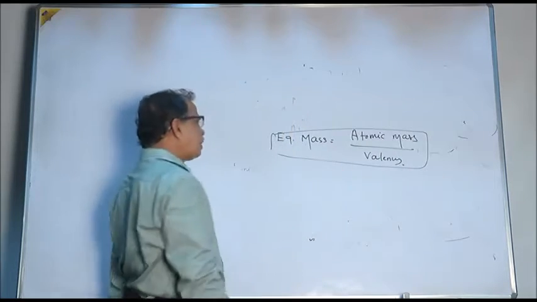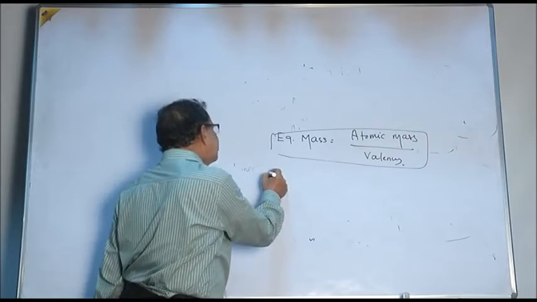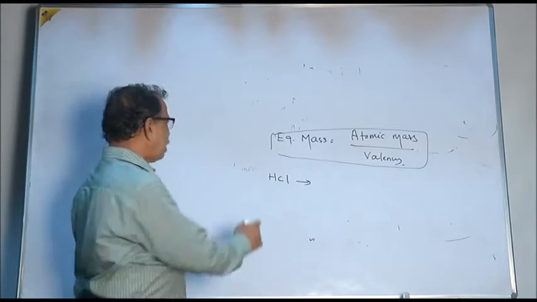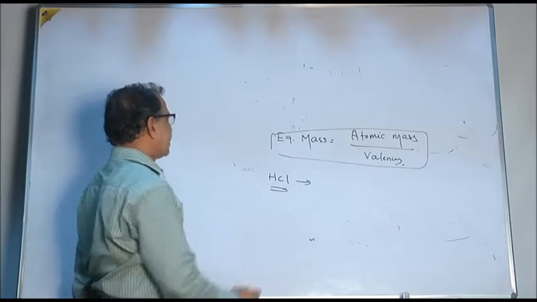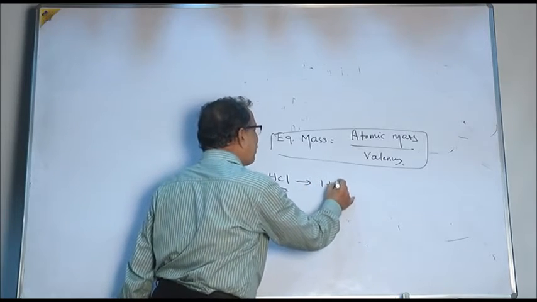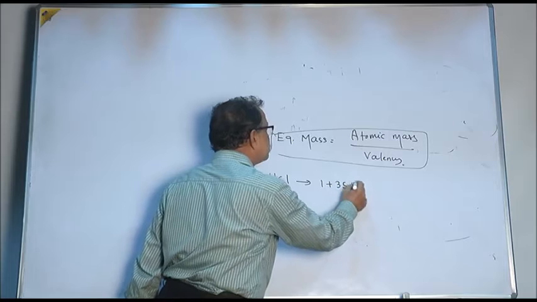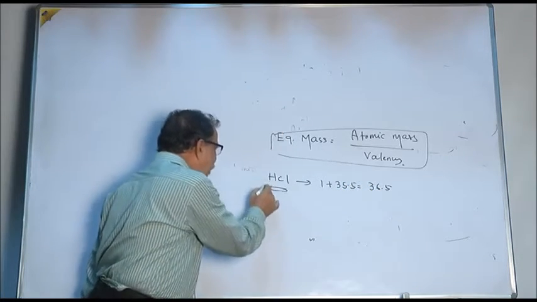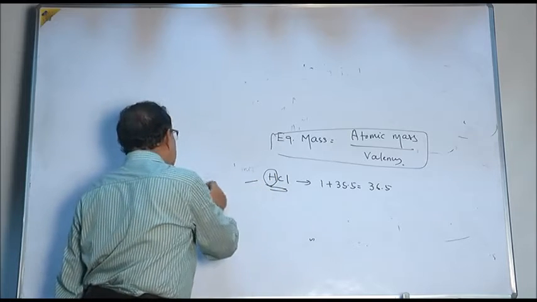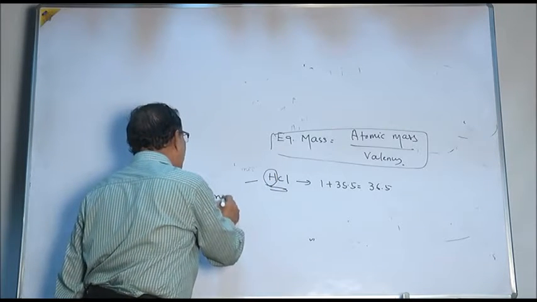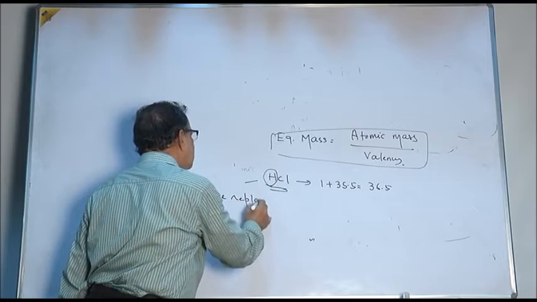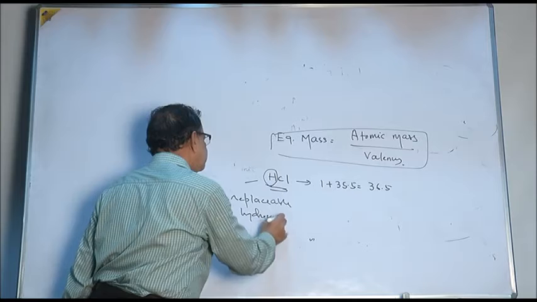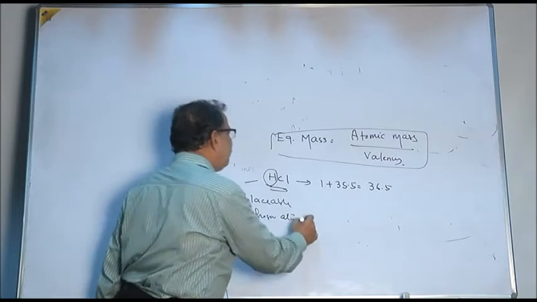How can we find it for a compound? Suppose HCl. The molecular mass of HCl is 1 plus chlorine 35.5, so totally 36.5. It contains one replaceable hydrogen atom, which is called basicity.